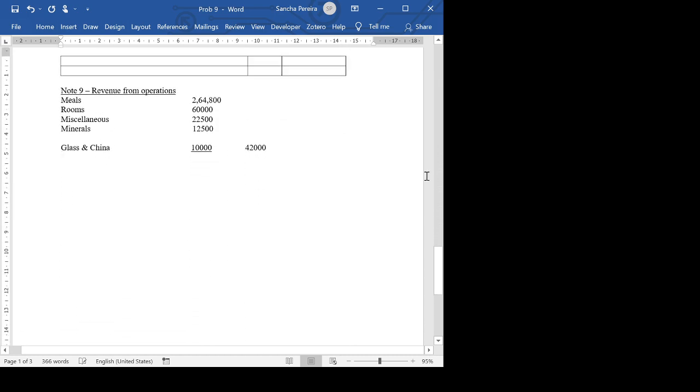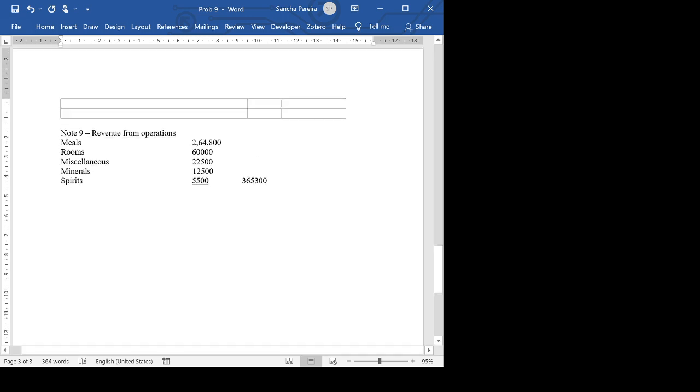So the total revenue from operations comes to 3,65,300.